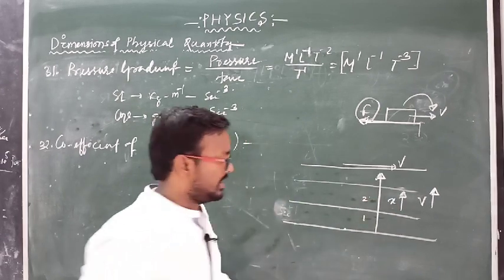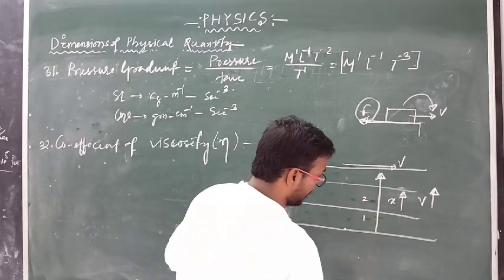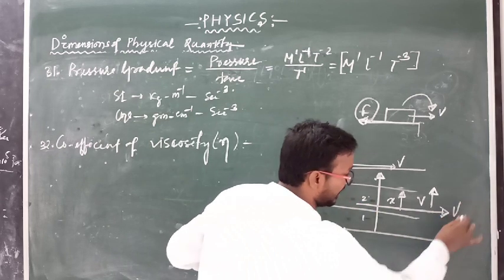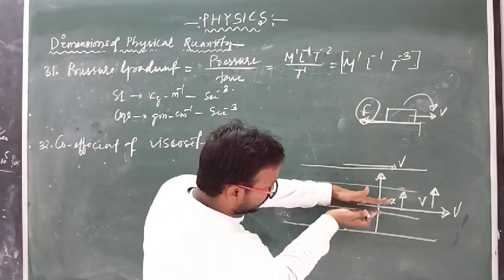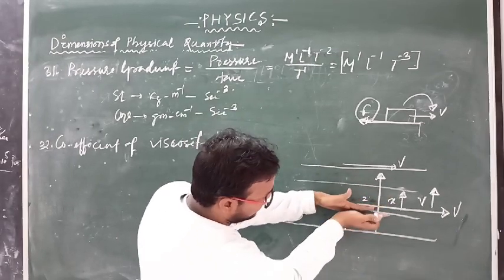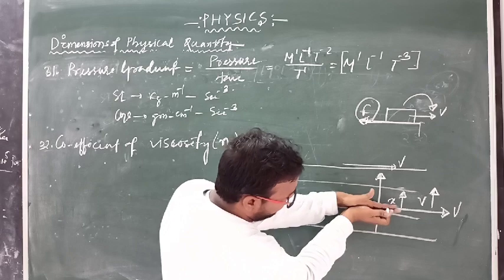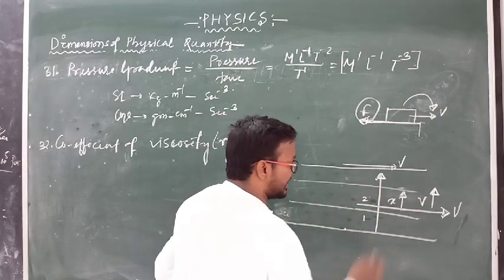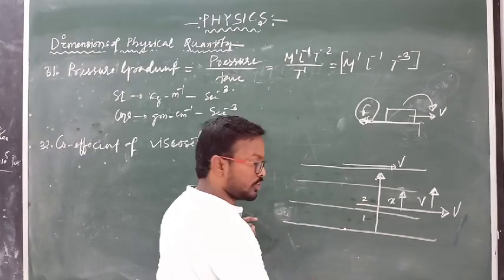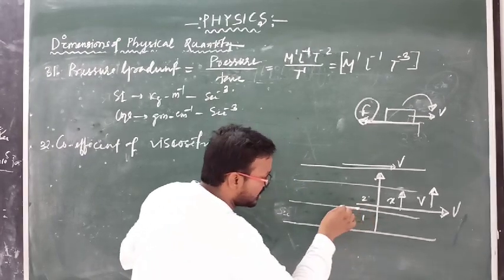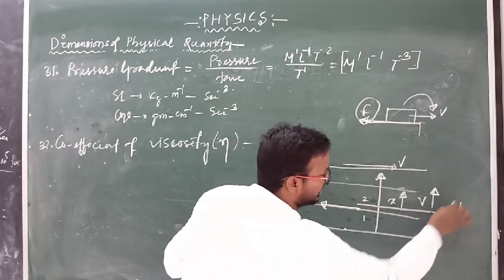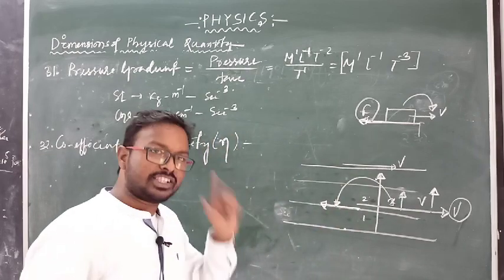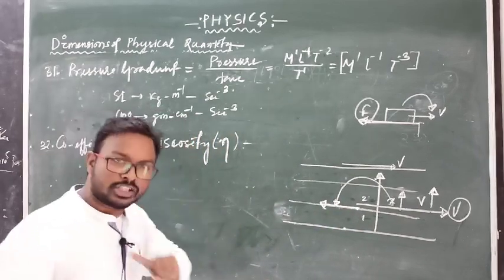Now we take two layers, layer 1 and layer 2. Suppose the second layer is moving with velocity v. These two layers are in contact with each other, and this layer tries to increase the velocity in this direction, but the first layer does not try to move in this direction, and it produces a repulsive force in this direction, which is opposite to the velocity. This force would be called friction, but in the liquid case we do not call it friction.